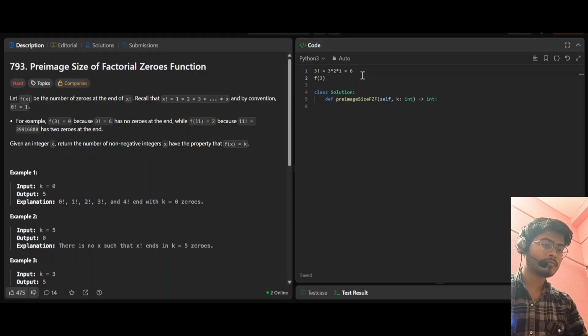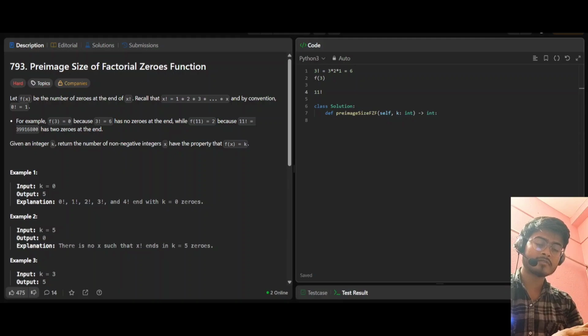Now consider 11 factorial. If we calculate the value of 11 factorial, its value ends with two zeros.